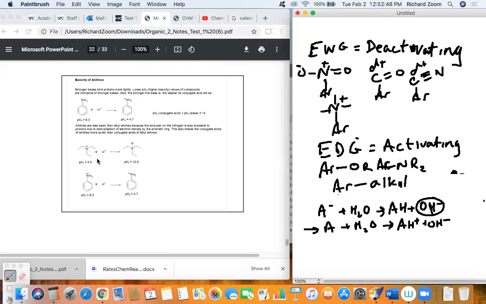The reason that aniline is so much less basic is because the electron pair on the nitrogen is interacting with the aromatic ring, and it makes it less available. And what that means is that it's less prone to take an H plus. So that's why we find that anilines end up being less basic than their regular alkyl amine counterparts.